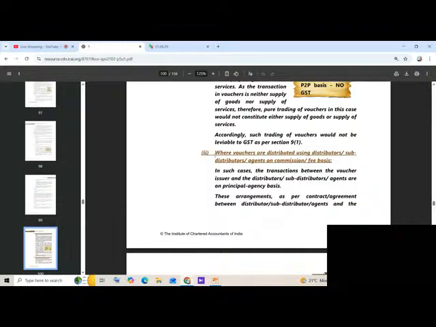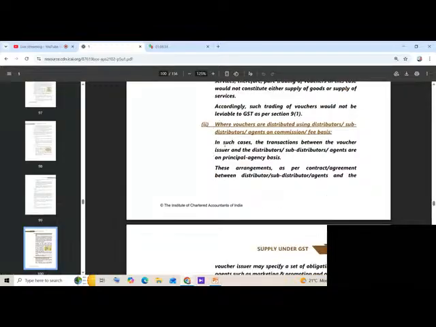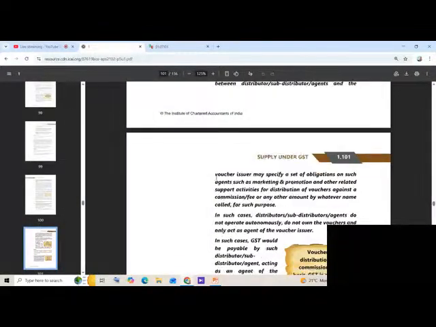Where vouchers are distributed using distributors, sub-distributors or agents on a commission or fee basis, in such cases the transactions between the voucher issuer and these distributors or sub-distributors or agents are on a principal-agent basis. These arrangements, as per the contract or agreement between the distributors or agents and the voucher issuer, may specify a set of obligations of such agents, such as marketing and promotion and other related support activities, against a commission or fee or any other amount for such purpose.